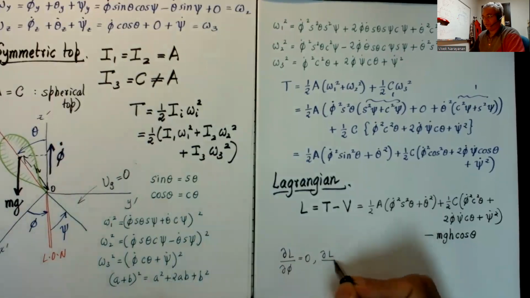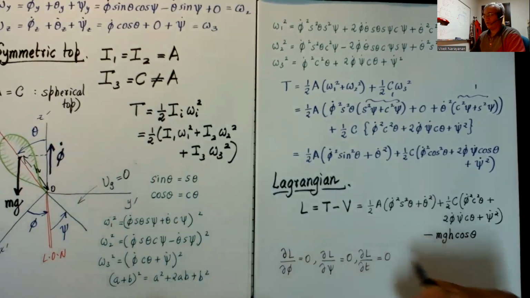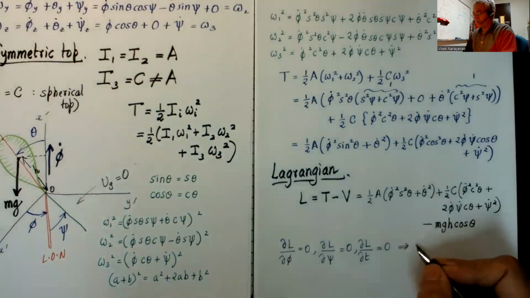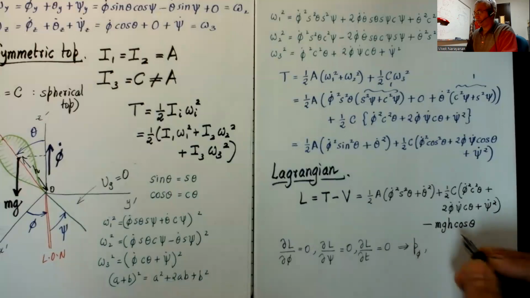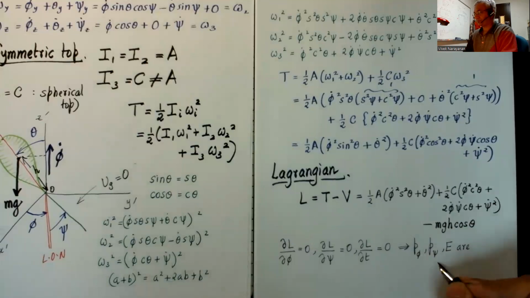With respect to the psi coordinate is 0. With respect to the time coordinate is 0. And that immediately tells us that the corresponding cyclic momenta are conserved: P phi, P psi, and energy conserved.